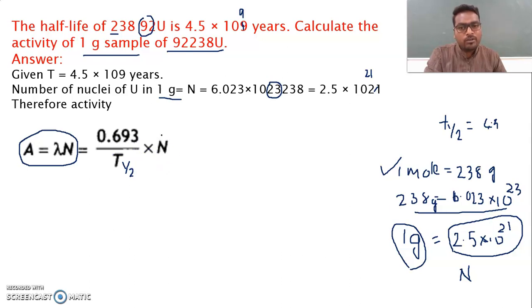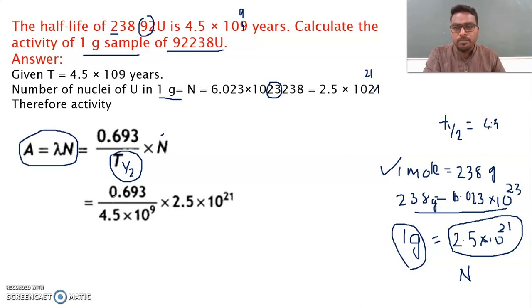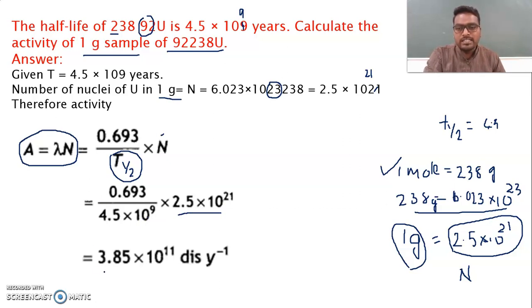But here we know the value of N, which we just calculated, and we know the half-life of the uranium. If we substitute the half-life and the number of atoms in 1 gram of uranium, 0.693 divided by its half-life, 4.5 into 10 to the power of 9 years, into the number of uranium atoms, and simplify, you will get 3.85 into 10 to the power of 11 disintegrations per year.